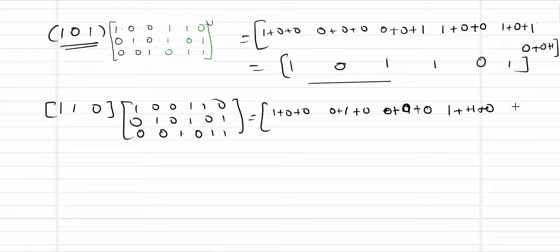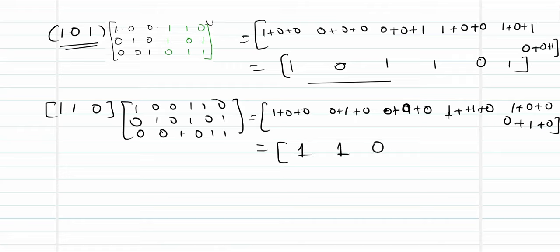Next one, 1 into 1 is 1, 1 into 0 is 0, and 0 into 1 is going to be 0. The last one, 1 into 0 is 0, 1 into 1 is 1, 1 into 0 is 0. So we have this encoded as 1, 1, 0, 1 plus 1 is again a 0, a 1, a 1.